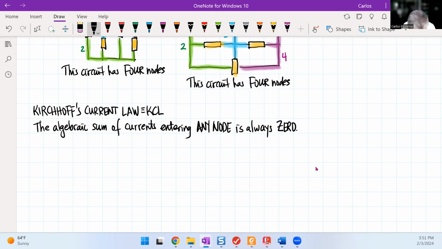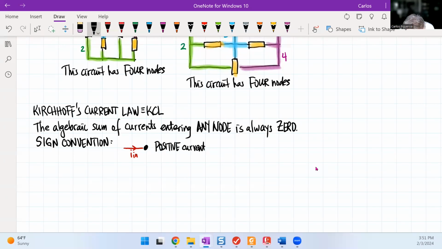Now the sign convention, which we need to be able to talk about in order to identify how we write Kirchhoff's current law, essentially says that if I have a node here, then this is the current that's coming into that node. So what this tells us here is that this is a positive current.